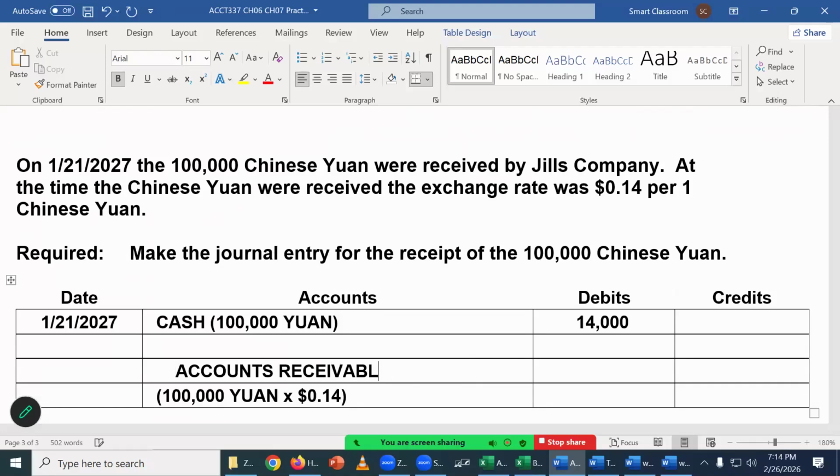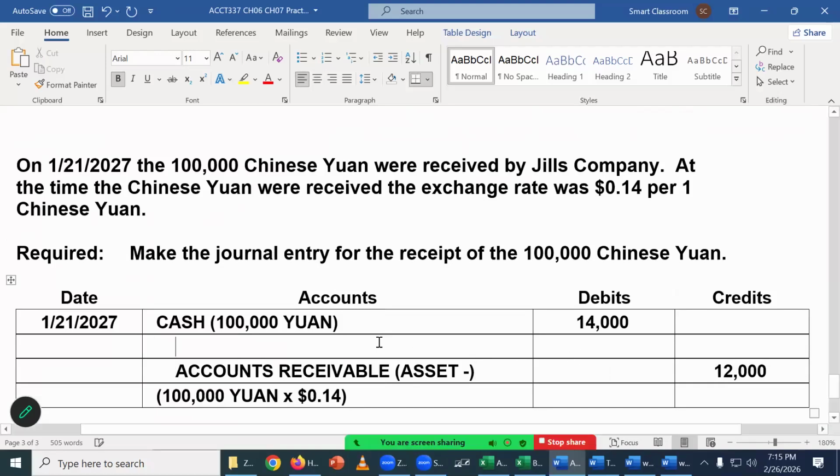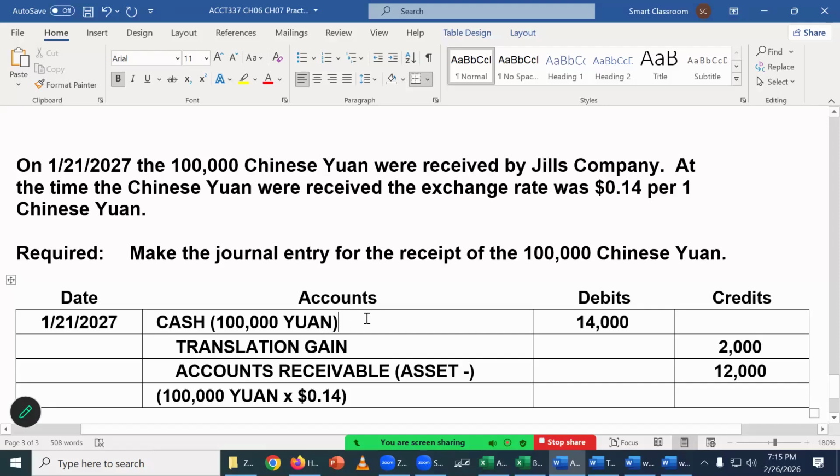We're going to take off the rest of it because now they're paying it. 12,000. And yes, we'd have a translation gain of 2,000. This would be an asset going up too, the cash.